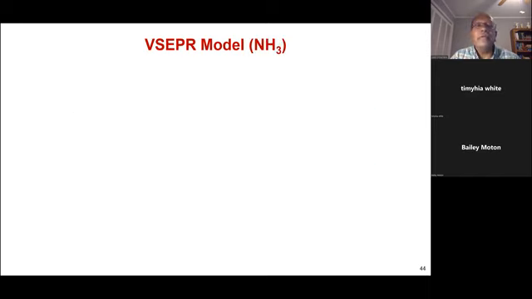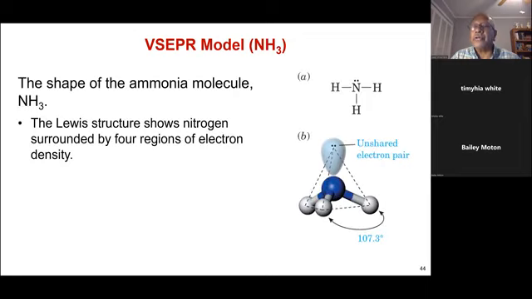Ammonia. We talked about this Lewis structure. There's a lone pair of electrons and bonding electron pairs. How many of them? 3 and 1. There are 4 groups here. That's a bonding electron pair. This is the lone pair. That's how they distribute.